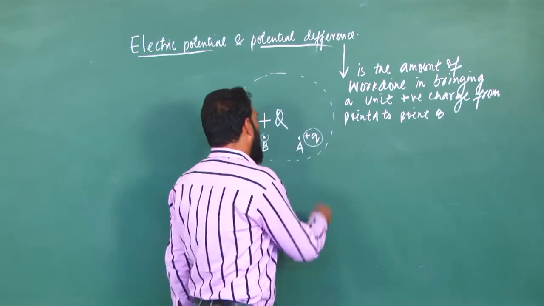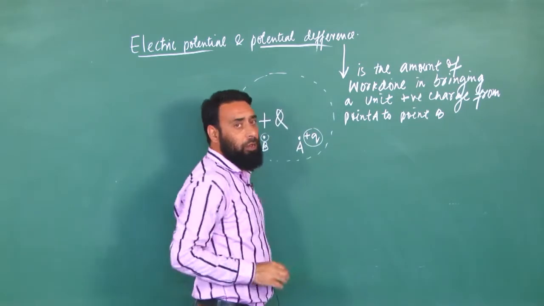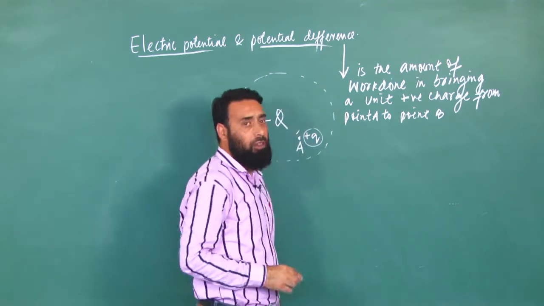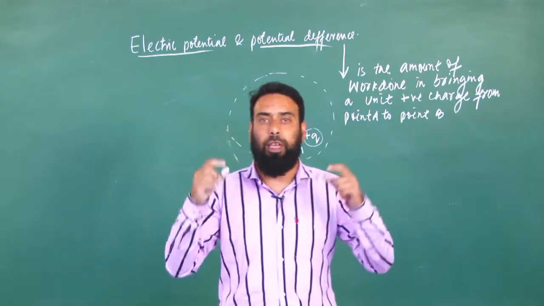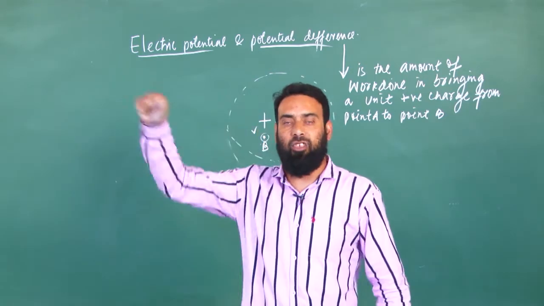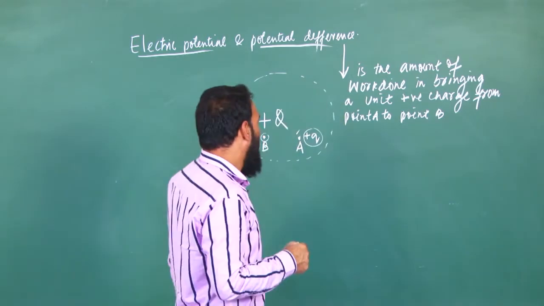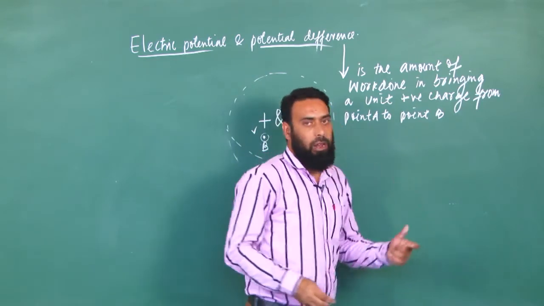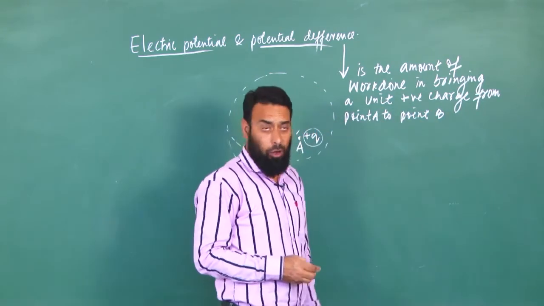Similarly, at these 2 points there are potentials, one higher and the other lower, so there is a difference. If we apply this potential difference across the ends of a conductor, then charge starts to flow from high potential to low potential, just like water flows from a high level to a low level.